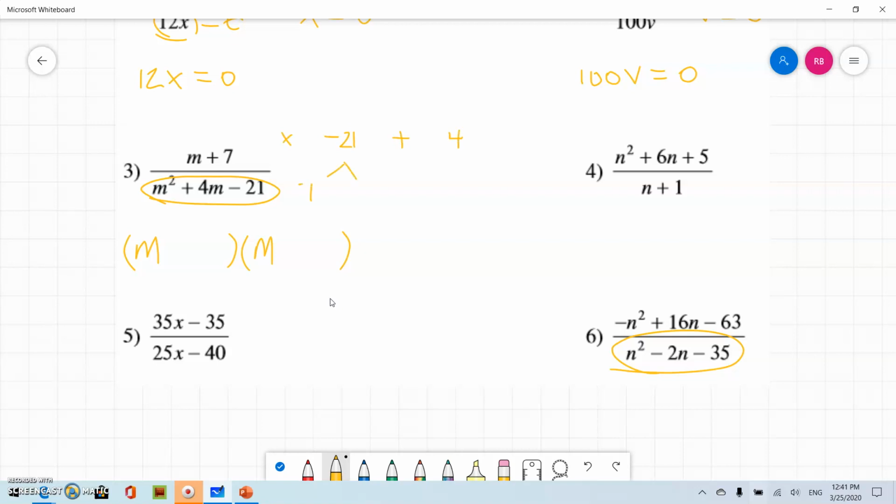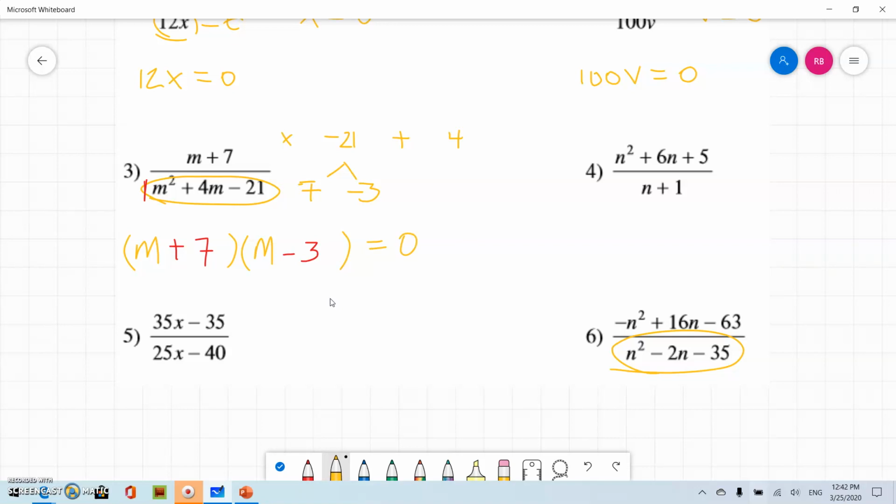So it's 7 and 3, but one of them has to be negative and add to 4, so 3 gets a negative. And because the leading coefficient is 1, I can just put the two numbers that I found in the parentheses. And that has to equal 0.